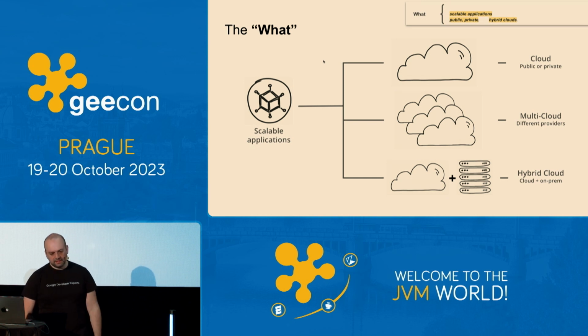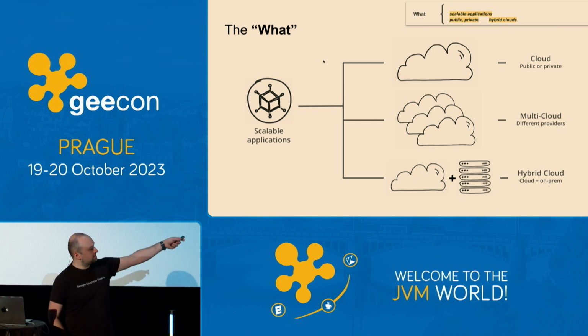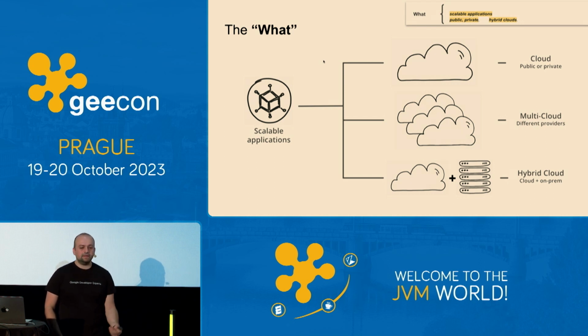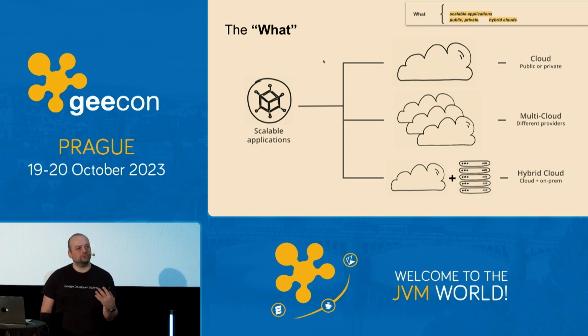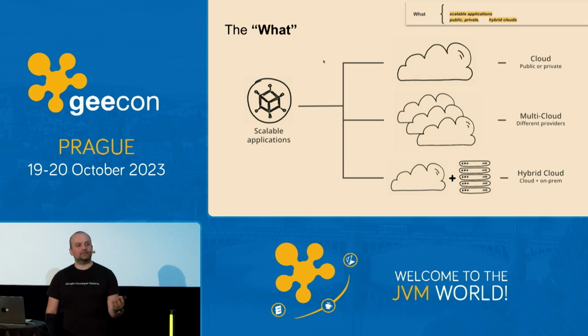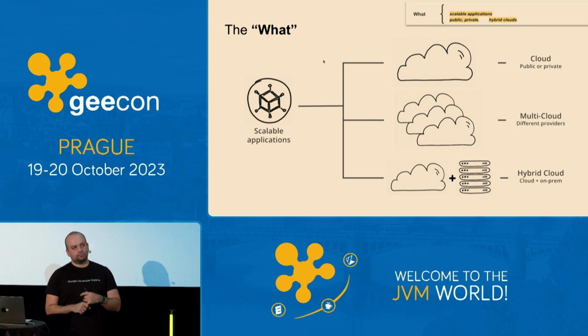And the last way of deploying things is typically a hybrid cloud. That's a cloud plus your own server racks. That is a way of doing it as well, because sometimes you don't want to share your data. Most of the time you're forced by laws or something else to not let your data go somewhere outside.